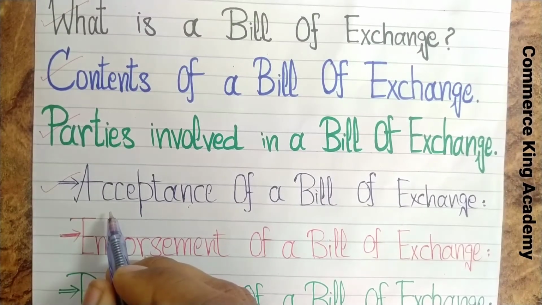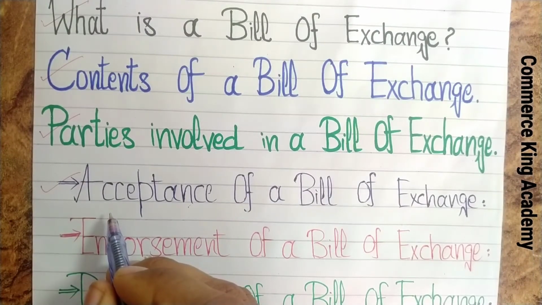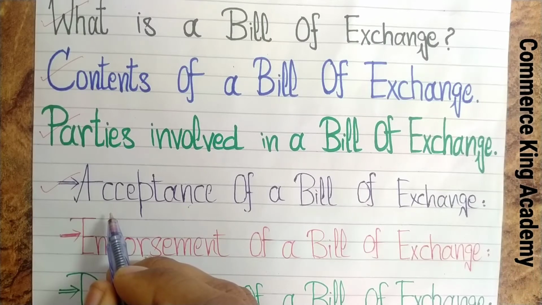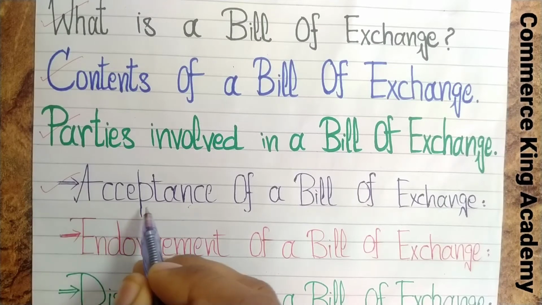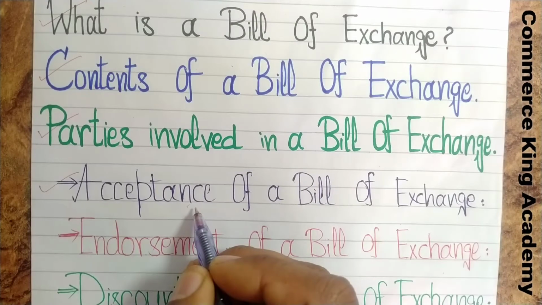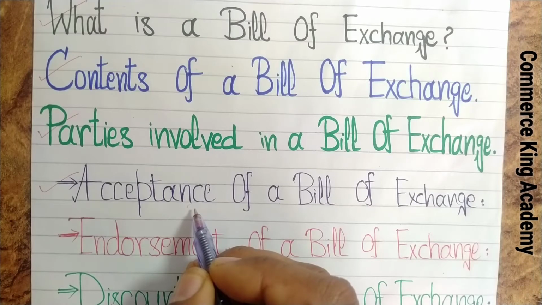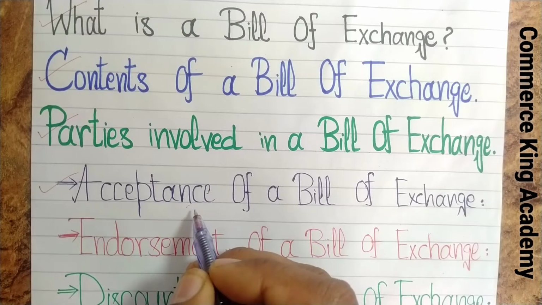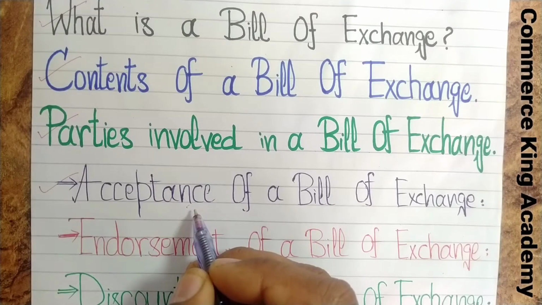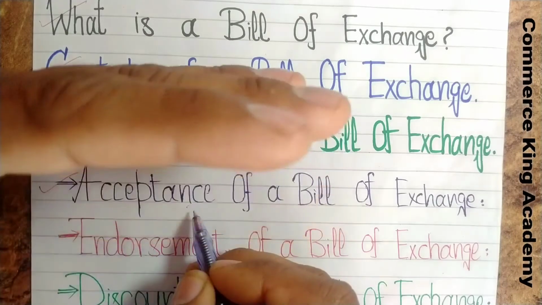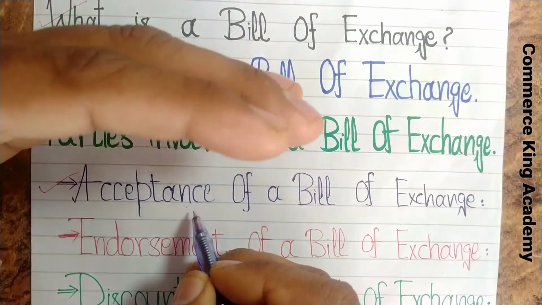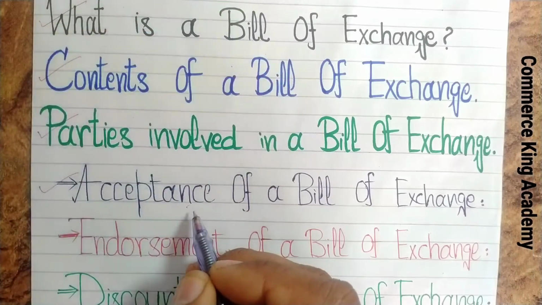The drawee or someone representing him accepts the drawer's bill of exchange by writing a date and signing under the words "accepted" on the face of the bill of exchange. If the bill does not contain the phrase "accepted on", the drawee can write it himself if necessary.